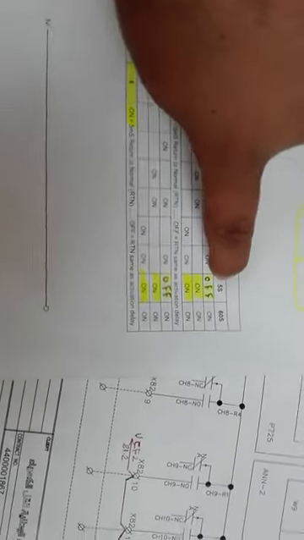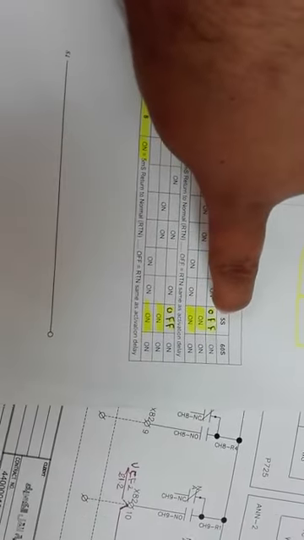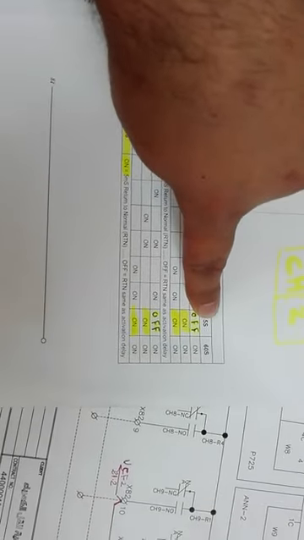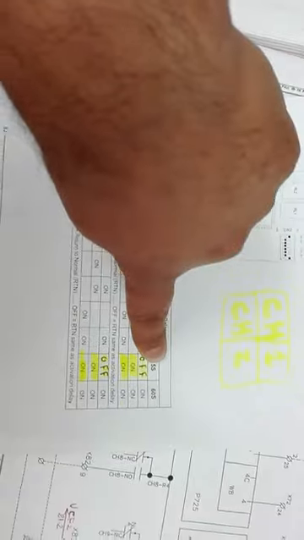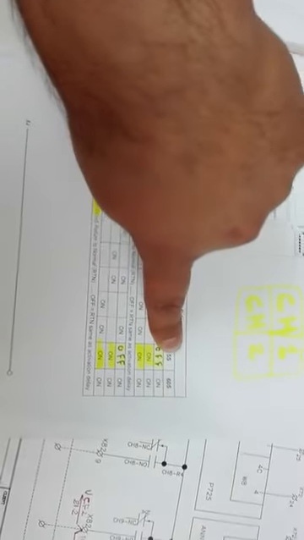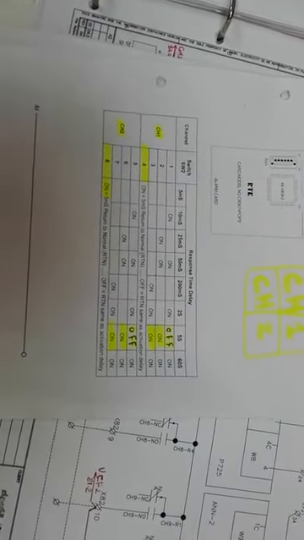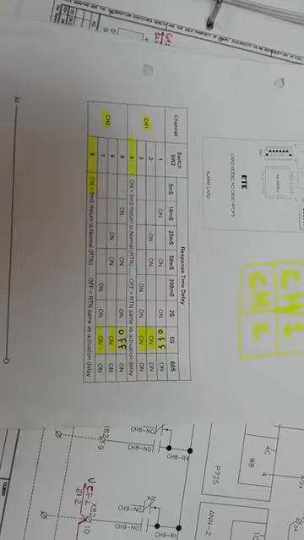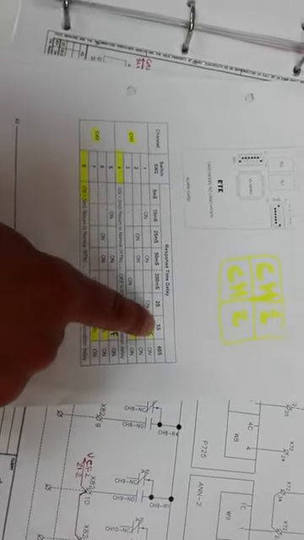Now we will check whether it is working according to the settings we made. For that we will measure the time delay. We need a timer to measure the time between start and stop. Is it coming to 5 seconds or not?